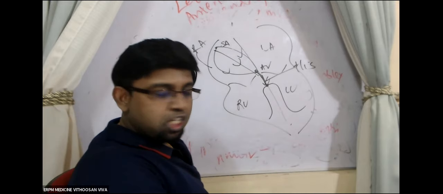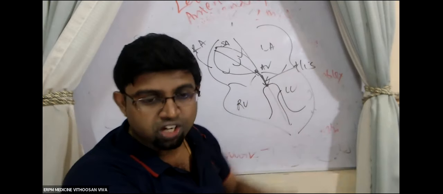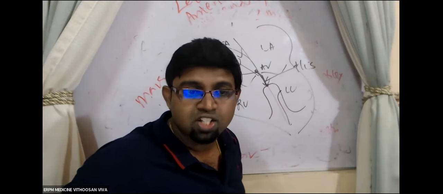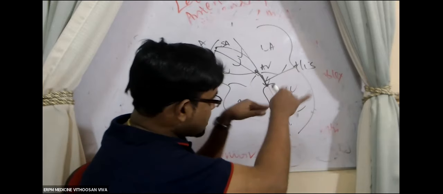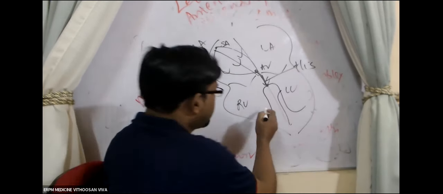Actually, the left bundle also divides into two. So the His bundle divides into right and left, and then they give some small branches.